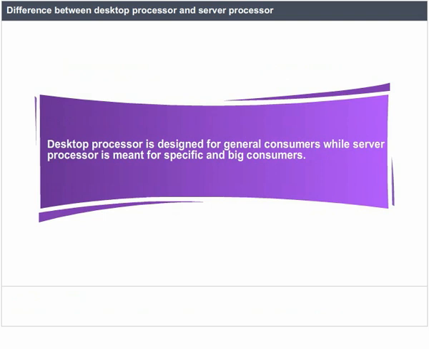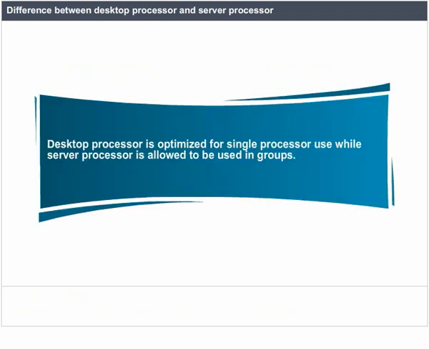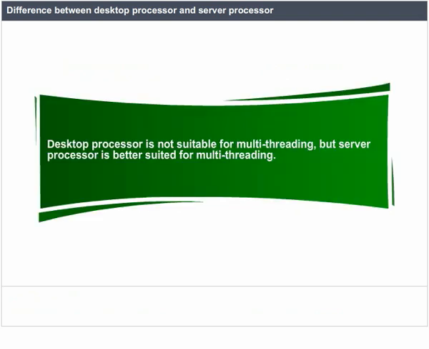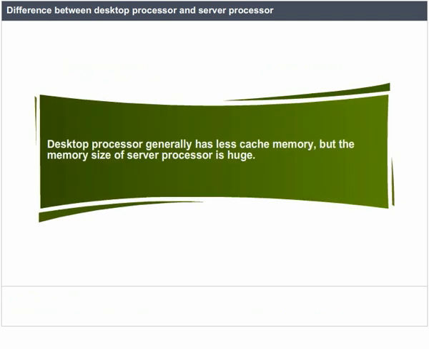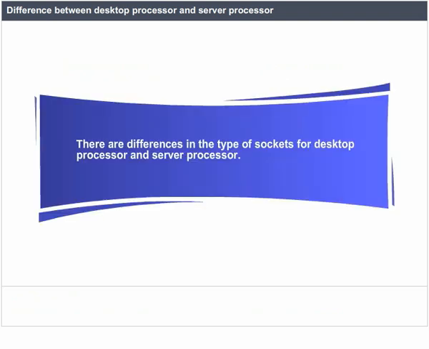Desktop processor is optimized for single processor use, while server processor is allowed to be used in groups. Desktop processor is not suitable for multi-threading, but server processor is better suited for multi-threading. Desktop processor generally has less cache memory, but the memory size of a server processor is huge. There are differences in the type of sockets for desktop processor and server processor.